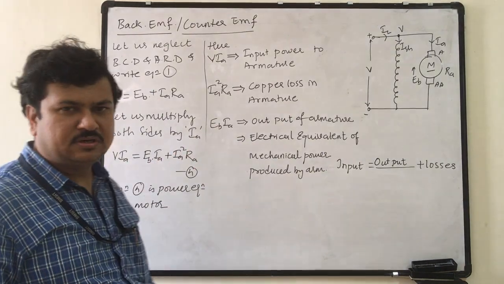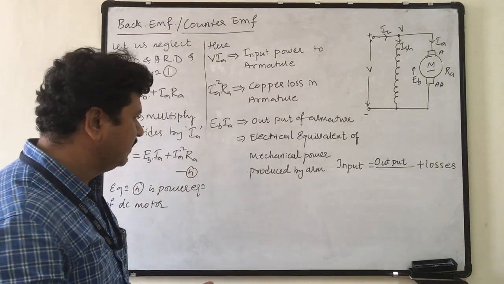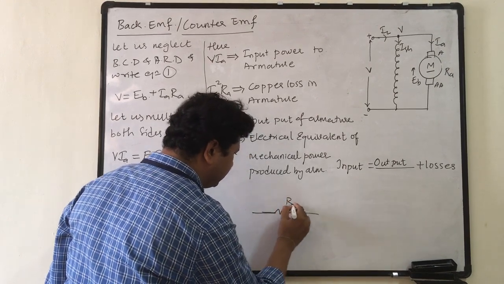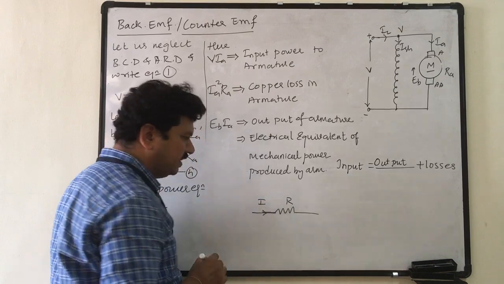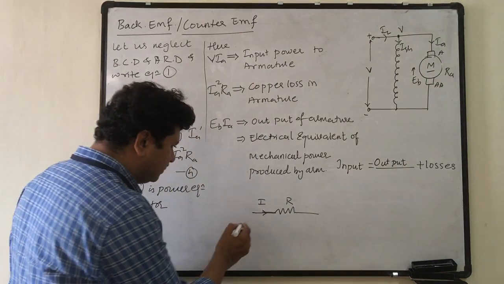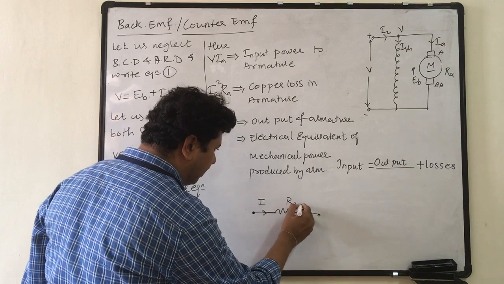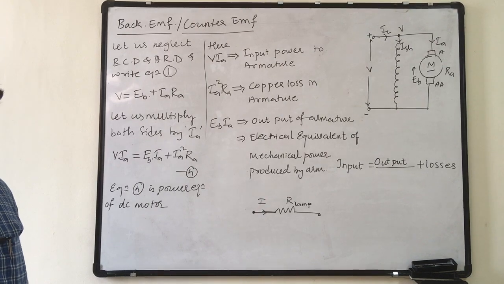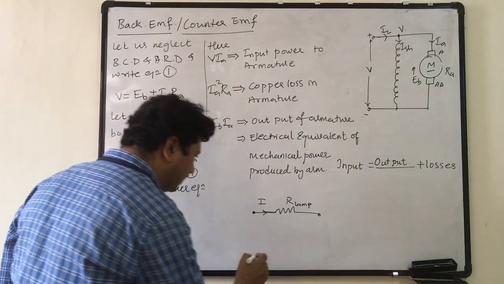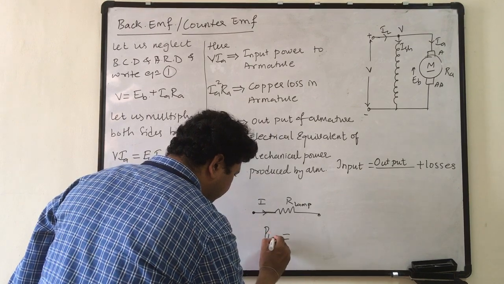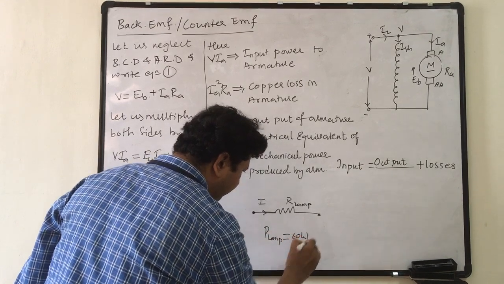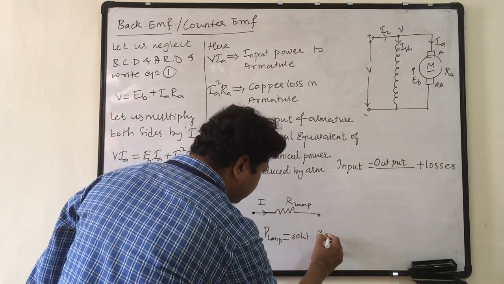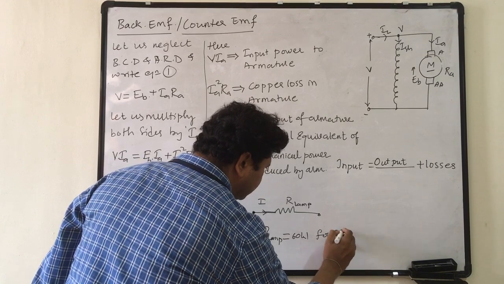Now, I will give you a very simple example. I have a resistor of resistance R. It carries the current I. Now, this resistance is of an incandescent lamp, which is of 60 watts, and it is working for 24 hours.